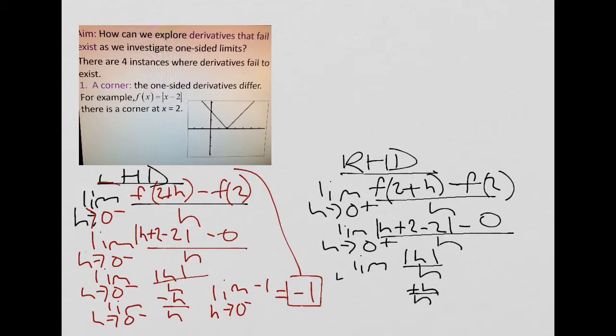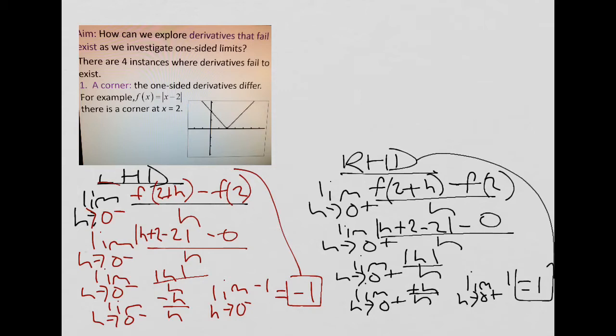We finish writing the limit. And so the limit of this, as h approaches 0 from the right, is really just the limit of 1 as h approaches 0 from the right. And that answer is 1. Completely different answers here.